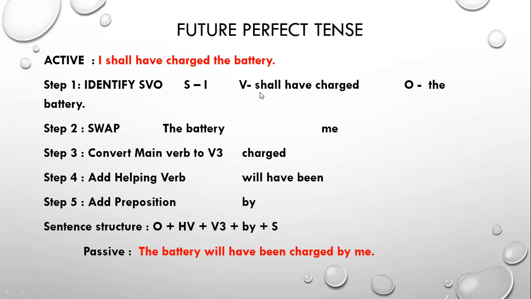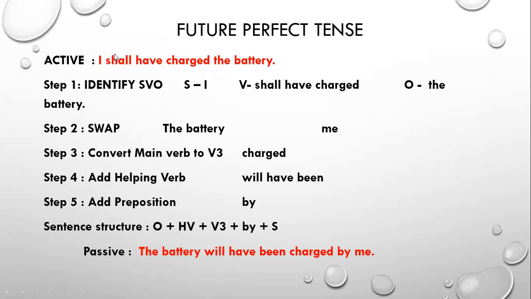Subject is I, verb is shall have charged, and object is the battery. राइट, स्वैप द पोजीशंस. द बैटरी आगे आ जाएगा, आई पीछे चला जाएगा. जब आई पीछे जाएगा ऑब्जेक्ट पोजीशन पे, तो इट विल कन्वर्ट इनटू मी. मेन वर्ब है चार्ज, तो जब वी विल कन्वर्ट इट इनटू V3, तो इट विल बिकम चार्ज्ड ओनली, क्योंकि हैव के साथ वी आर ऑलरेडी यूजिंग चार्ज्ड.